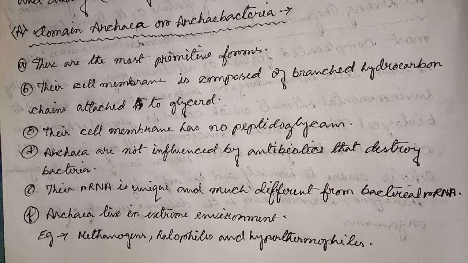Bacteria are sensitive to antibiotics. Next feature is the naked DNA molecule lies in the cell cytoplasm. Another one is bacterial rRNA is unique and distinctly different from rRNA of archaea and eukarya. And number six is bacterial ribosomes are 70S type.